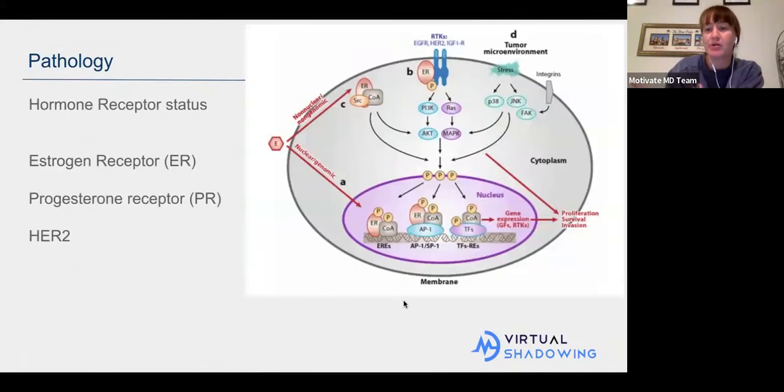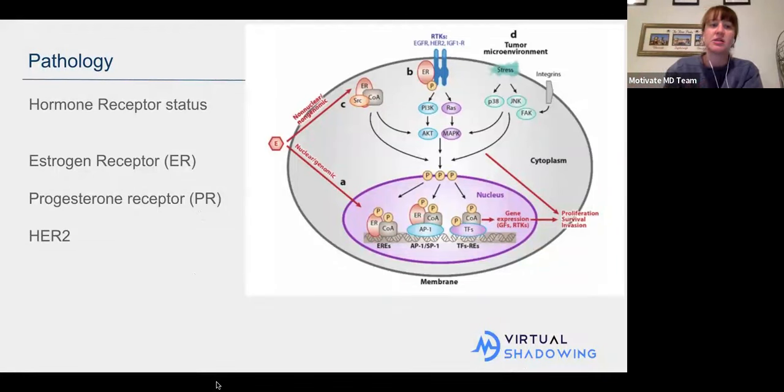So another component of breast cancers specifically and their pathology is hormone receptor status. That is largely because we know how heavily hormone receptor expression contributes to how cancers behave.